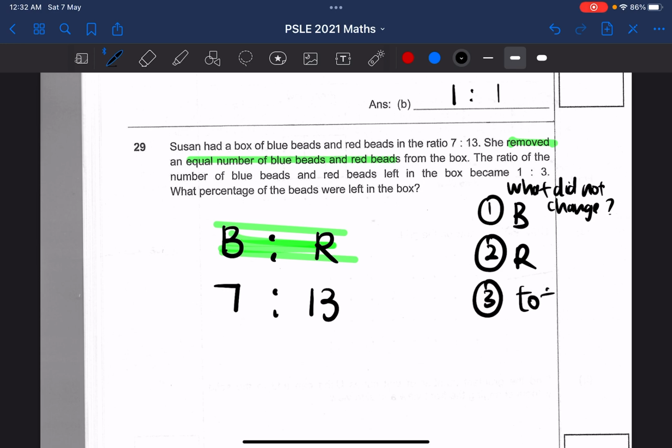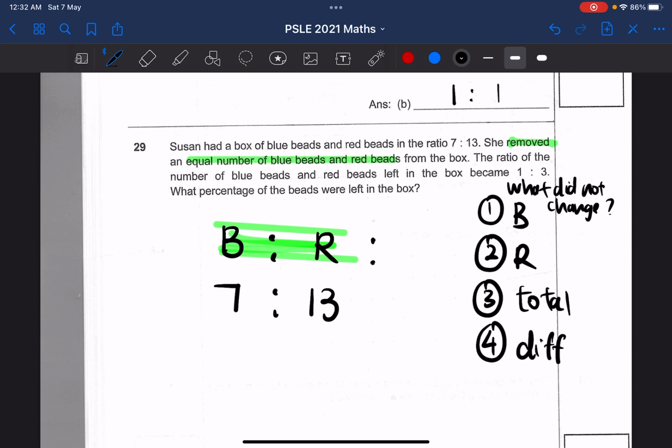Did the total change? That means the total of the blue and the red. Did it change? Yeah, it changed, right? Because you are taking both out. Then the last one. Did the difference change? No, right? Because if I take out 2 blue, I also take out 2 red. So the difference will never change.